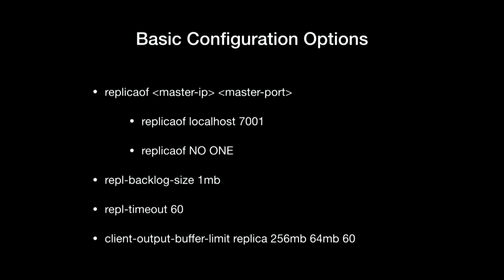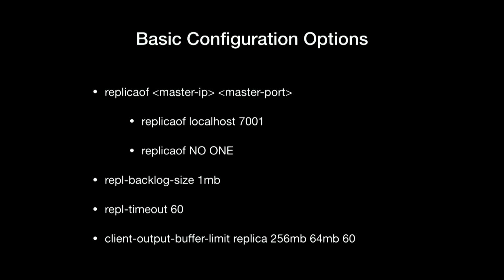If I want to be a replica of the 7001, I use a command such as replicaof localhost 7001. And replicaof no one is a keyword where I say, previously I used to be a replica, but I no longer want to be a replica. I want to be a master now. So I can just issue the command replicaof no one. Then I become a master.